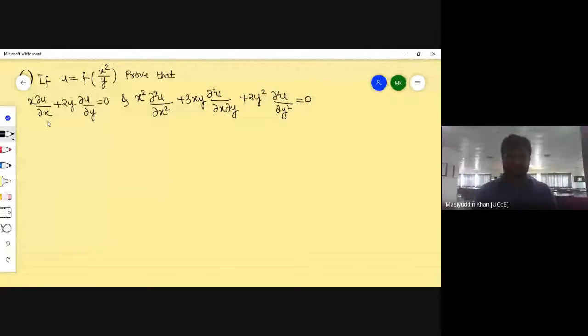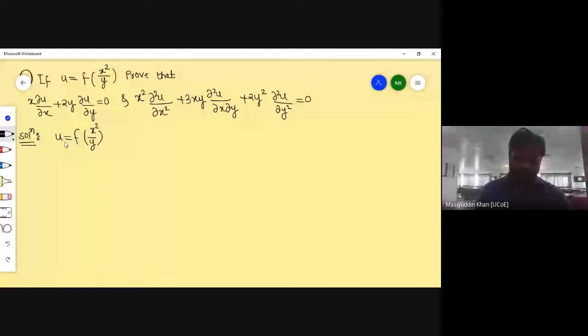So u is equal to f of x square by y. This is our function. So one by one we have to calculate the derivative.